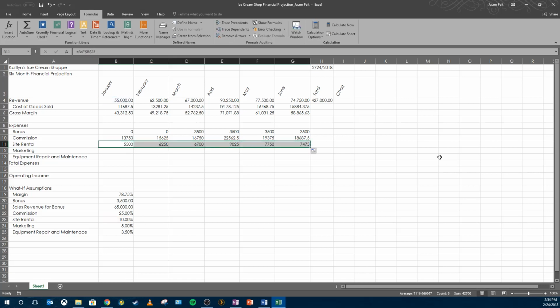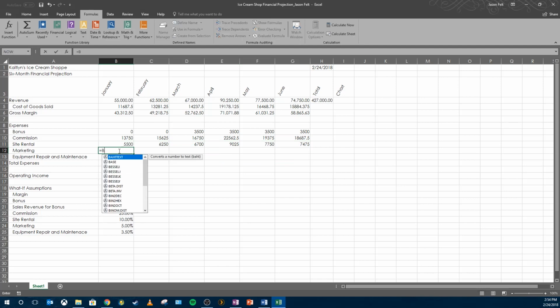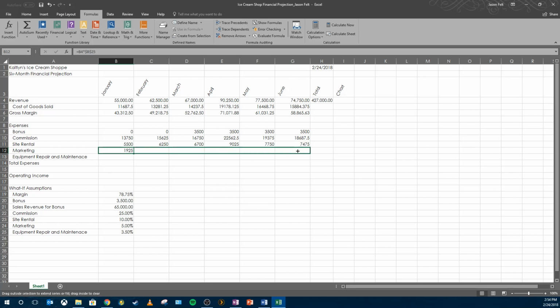So it's different. Marketing. Okay, marketing is going to be 5% of the revenue. And you can probably guess by now, we need to change this to an absolute cell reference, F4. Or you could put the dollar signs. Move this across, and you're good.